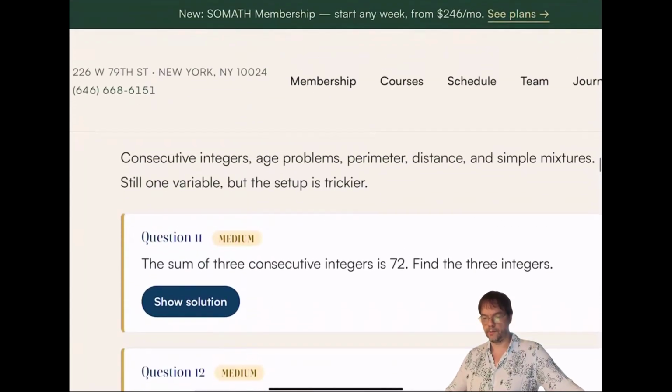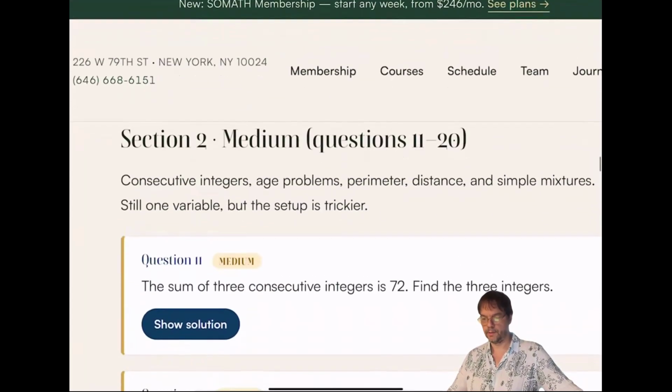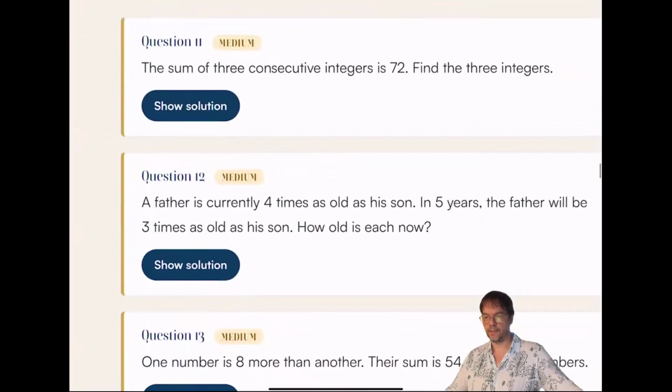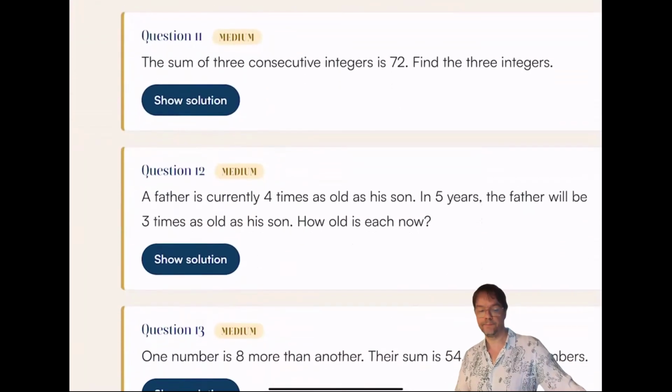We are going to number 11. Do you agree? Yeah. Okay. Go ahead.